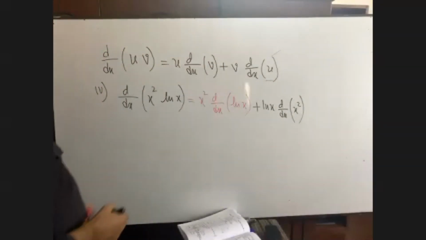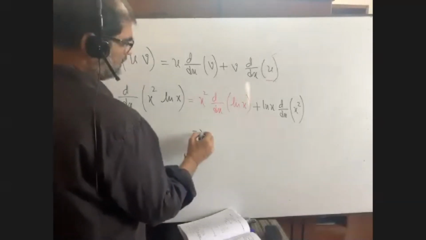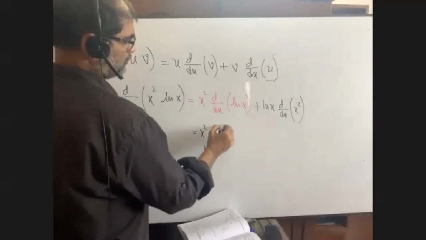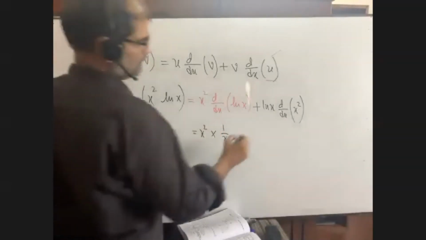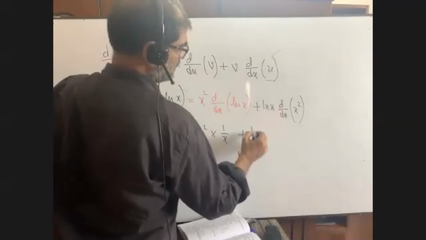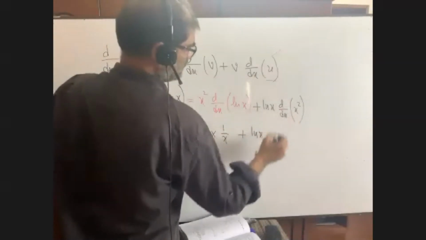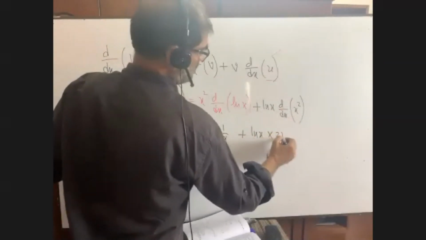Okay. Now we are getting here ln x equals to what? 1 by x. Then it is again ln x. x square equals to what? 2x.